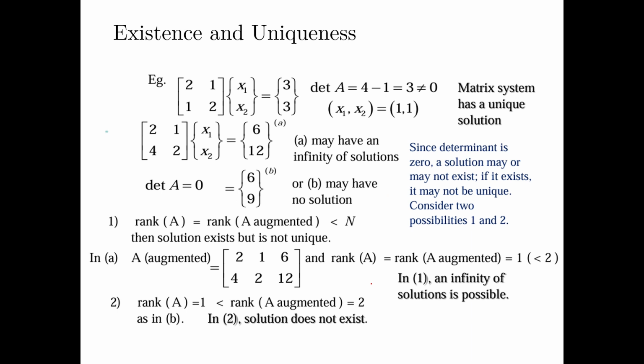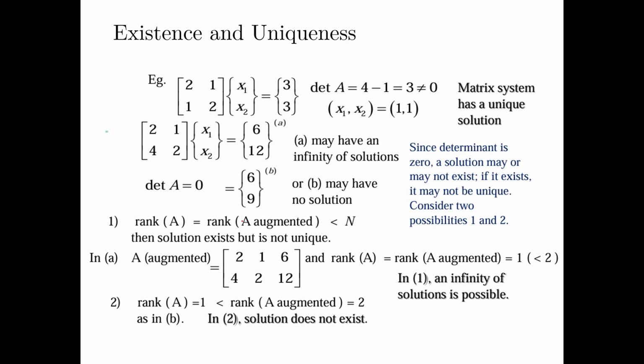So we will look at this example, and we will try to see. We have three conditions. One is if the determinant is equal to zero, then the solution is not possible. Then the other thing is that if the rank of matrix A is the same as the rank of the augmented matrix, then we have a unique solution.